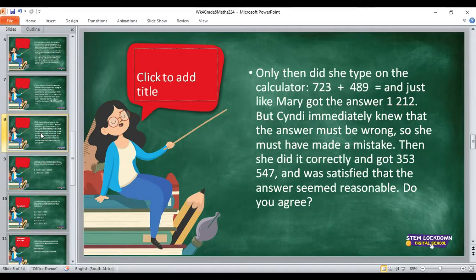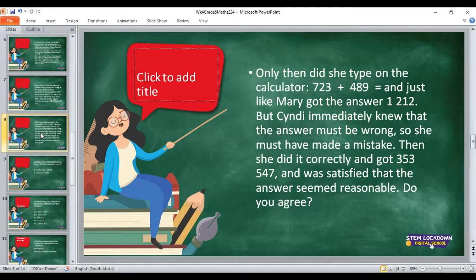Okay, then only did she type on the calculator 723 plus 489, and just like Mary got the answer 1,212. Remember, we started with Mary doing the same calculation. She did not use the estimation, she just pressed the calculator because she always trusts the calculator and she always thinks that it will give her the correct answer.